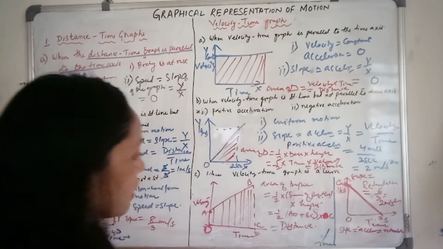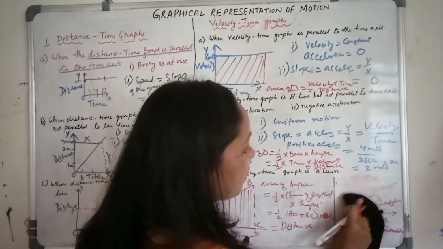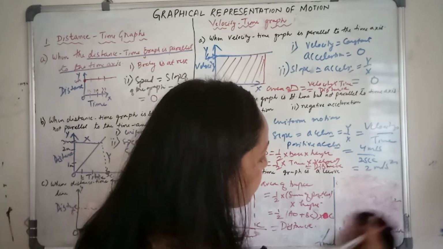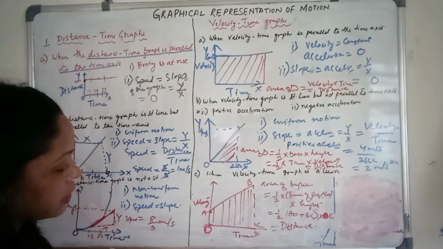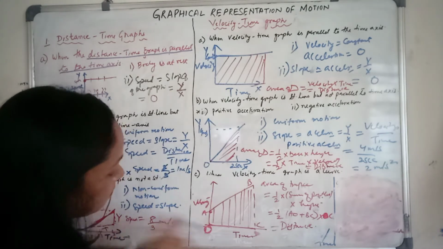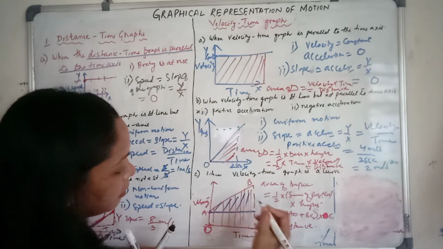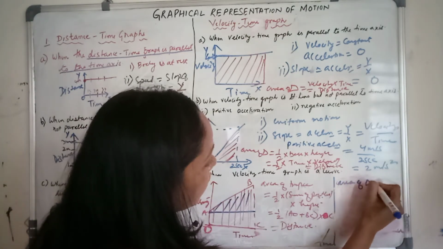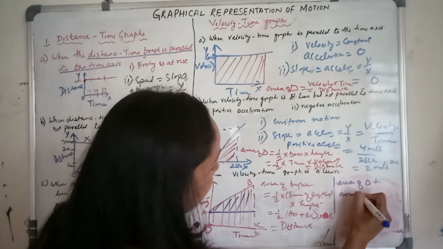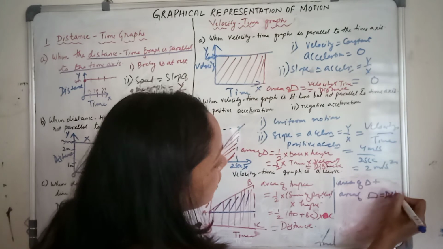Now here you can use one more formula. If you divide this figure like this, this one will be a triangle. So area of triangle plus area of rectangle again gives you distance.